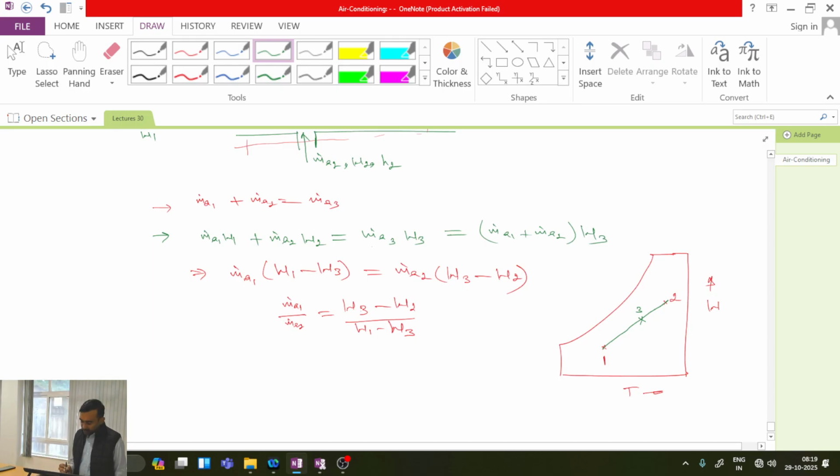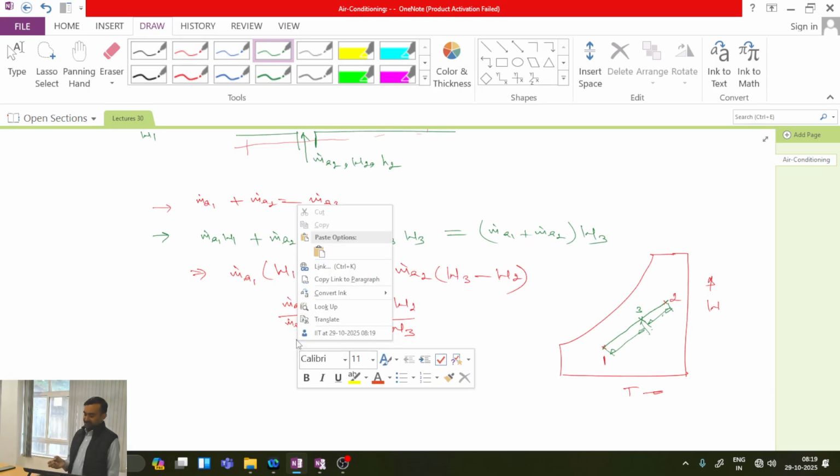You can simply see what is W3 minus W2, this distance. What is W1 minus W3, this distance. And you see this distance is proportional to this flow rate by this flow rate.